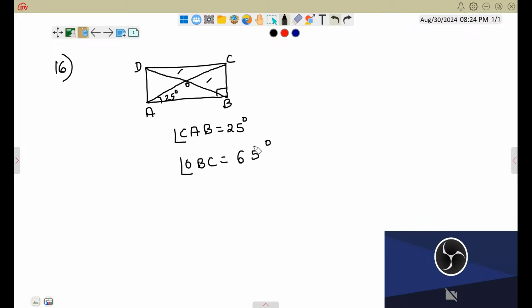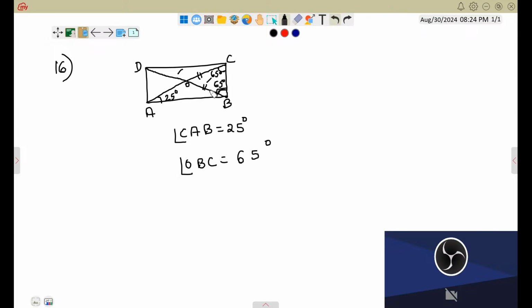So let the diagonals meet at the point O. Triangle OCB is an isosceles triangle. Why? Because in a rectangle, when you draw two diagonals, both diagonals are equal in length and they are bisecting each other. That means this side equal, this angle equal. Both angles are equal. If it is 65 degrees, automatically this angle is also 65 degrees.